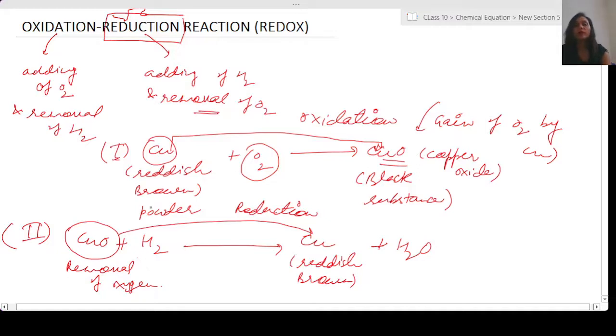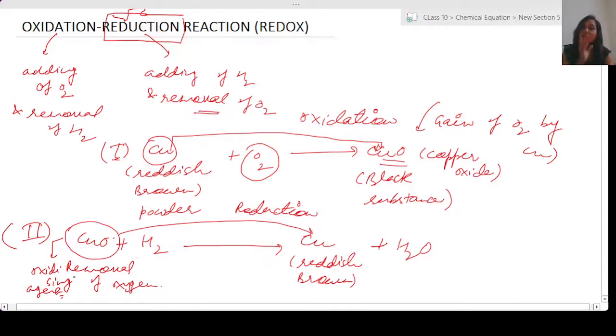Here it is losing the oxygen, and that is why this is a reduction reaction. So who is giving oxygen here? Here copper is giving oxygen. So it will be called the oxidizing agent. Now if it will not have oxygen, then how will it form Cu plus H2, right?